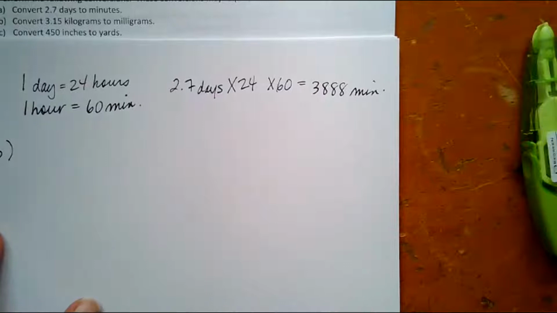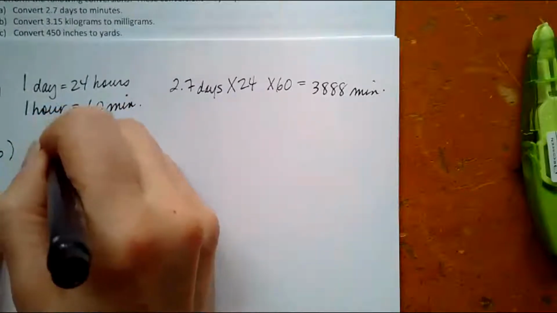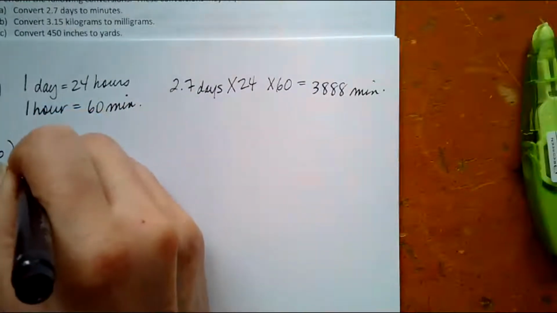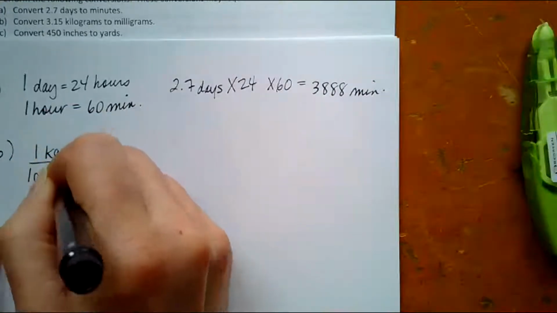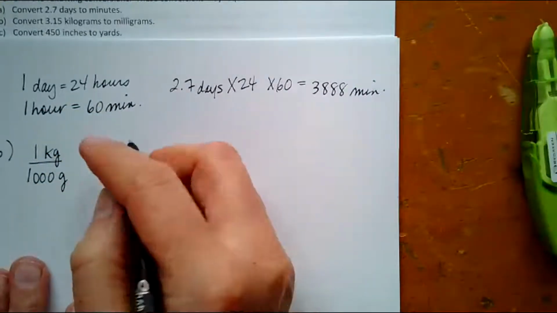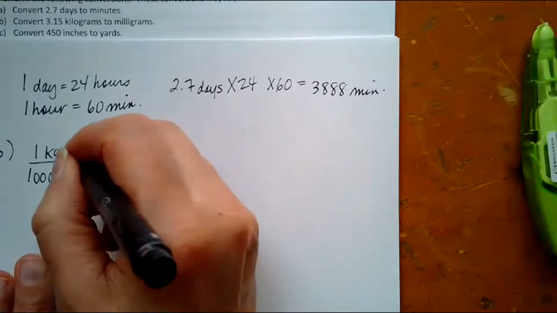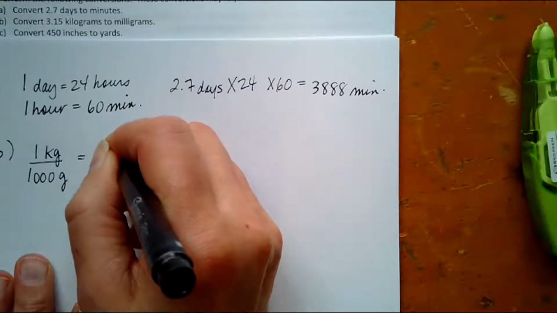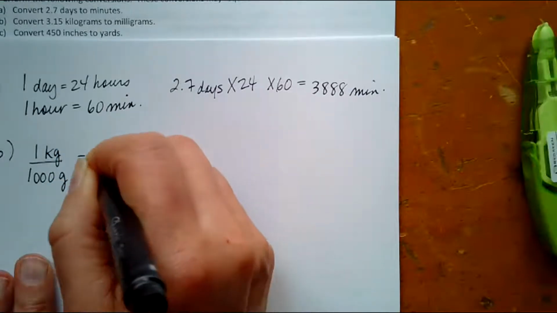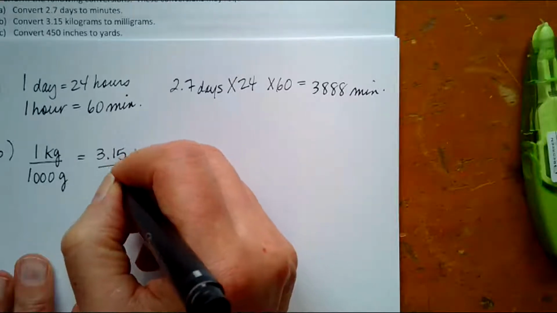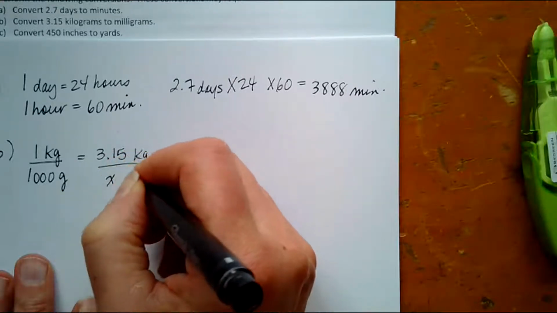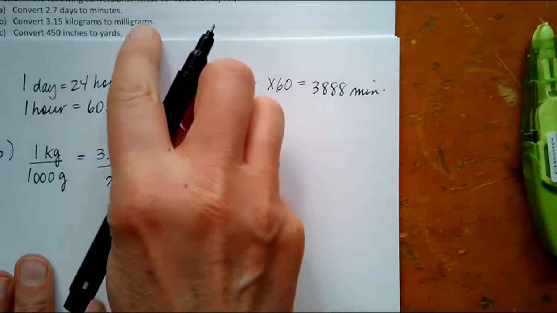Okay. Part B, convert kilograms to milligrams. Well, if I look at kilograms on page 4, the only thing they have linked with kilograms is grams, right? So I know that 1 kilogram equals 1,000 grams. And I can see that grams and milligrams are linked. So that's what I'm going to do first. I'm going to do this in steps. So I've got 3.15 kilograms equals X grams. Notice I can't solve to milligrams.